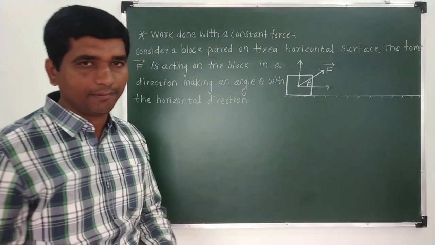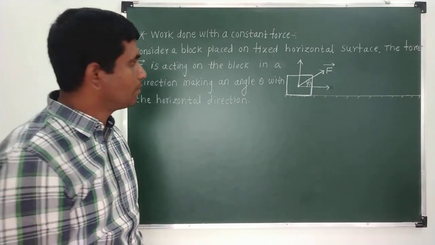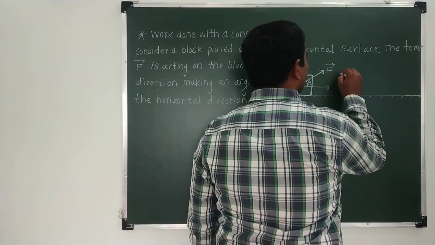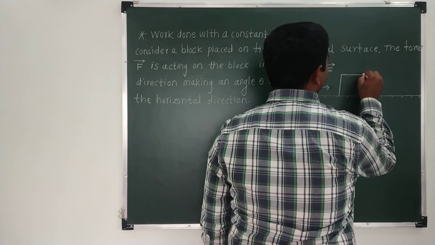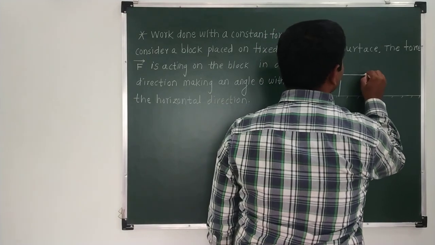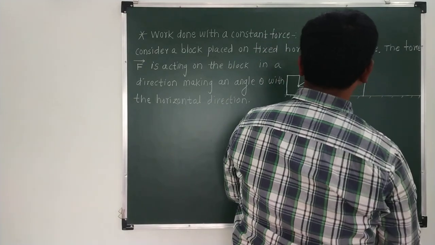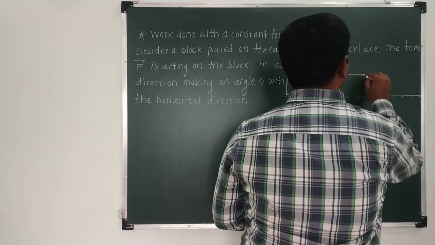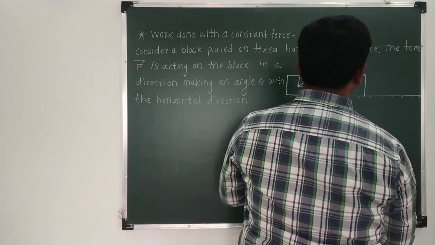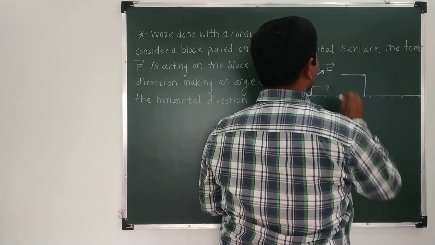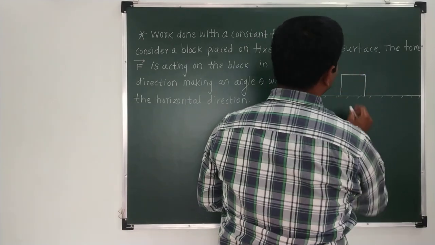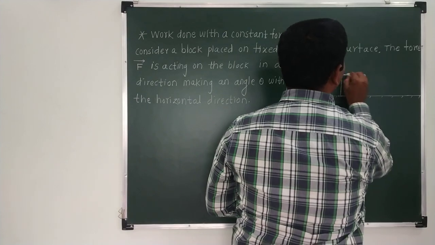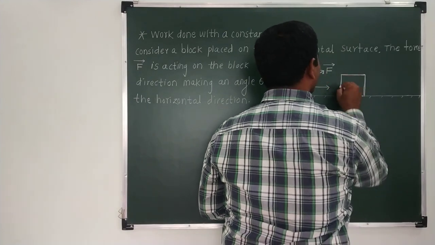So let us say after a certain interval of time, the block moves a certain distance. Let us call that distance ds. Let us say the block is moving from this direction to this direction. Let us say this is the block position after a small interval of time dt, for example.